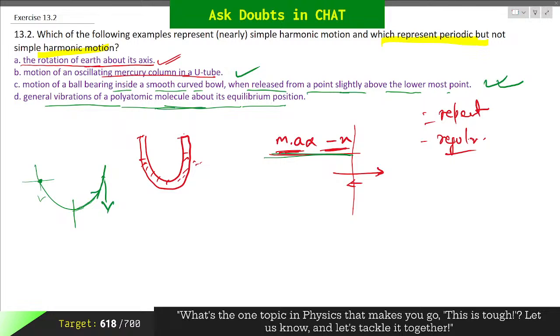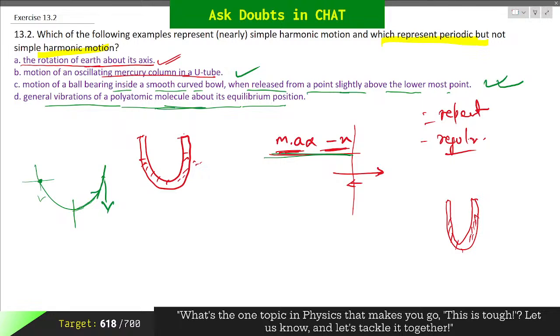The second option is motion of an oscillating mercury column in a U-tube. So the question is basically asking that there is a U-tube and inside it there is mercury which is at equilibrium.